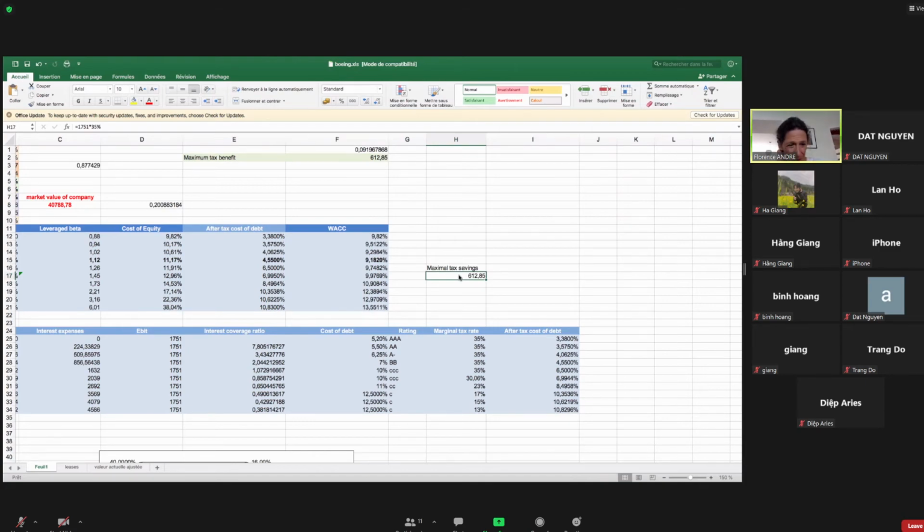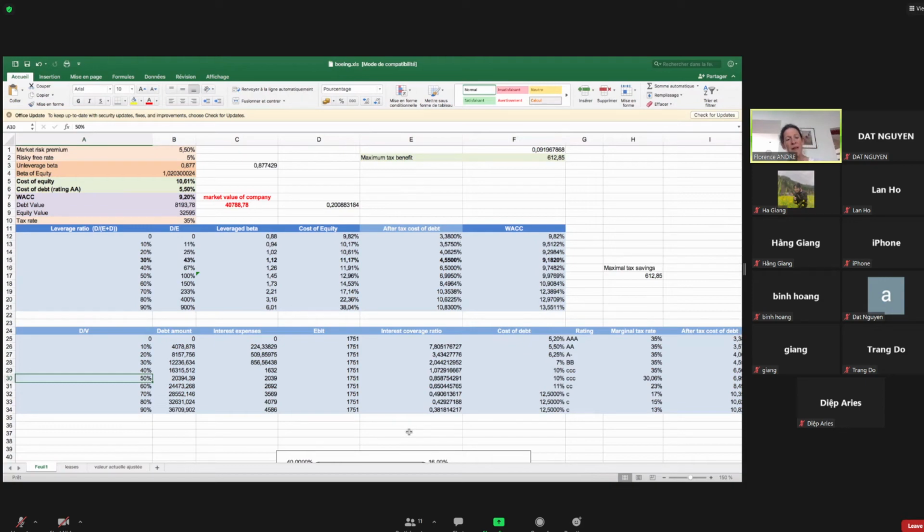That means that when the interest expenses are higher than the EBIT, the marginal tax rate will decrease. So EBIT is 1,751,000,000. When we have a debt over V equal to 50%, the interest expenses are higher than the EBIT.